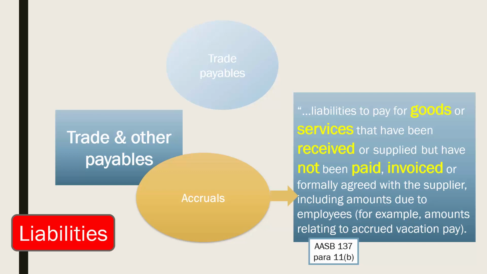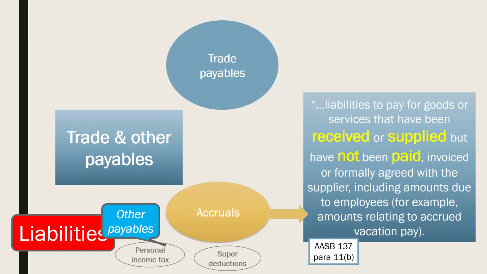Accruals are liabilities to pay for goods or services that have been received or supplied but have not been paid or invoiced, including amounts due to employees. Other payables can also include amounts our firm collects on behalf of others and has yet to pay, such as personal income tax and superannuation deductions.